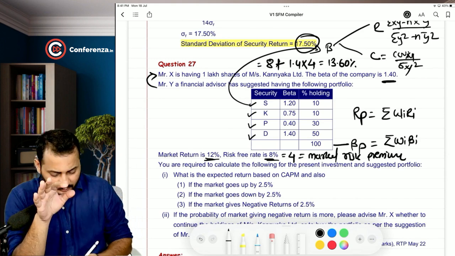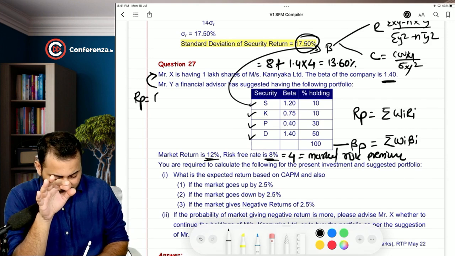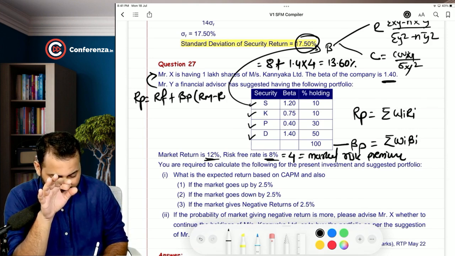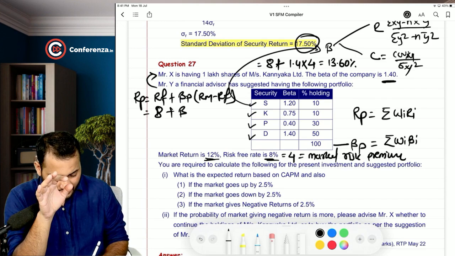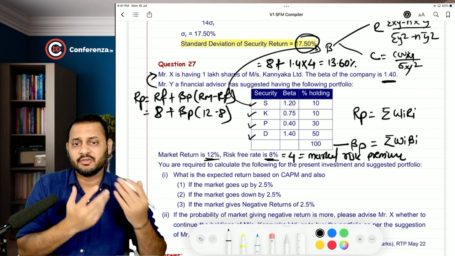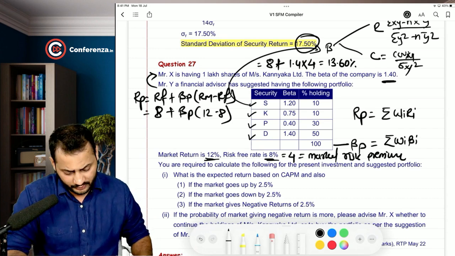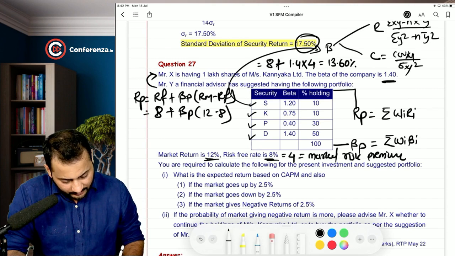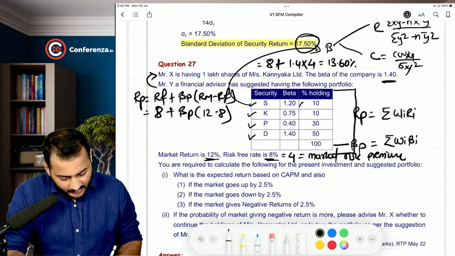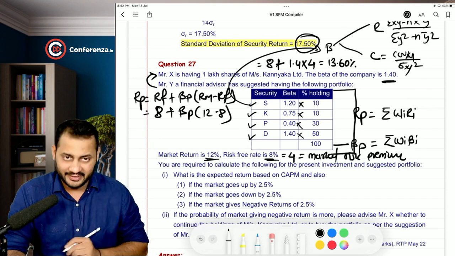It's very simple, sir. Portfolio return is nothing but RF plus beta of the portfolio in bracket RM minus RF. We already have RF and RM, but we do not have the beta of the portfolio. So first we will have to calculate the beta of the portfolio, and that's very easy. You just take a column here and keep multiplying these betas with the weights.